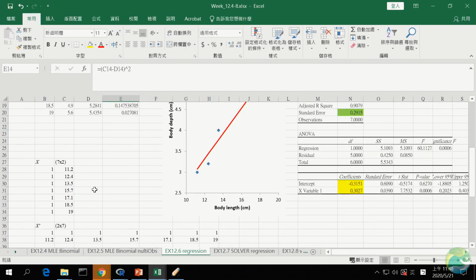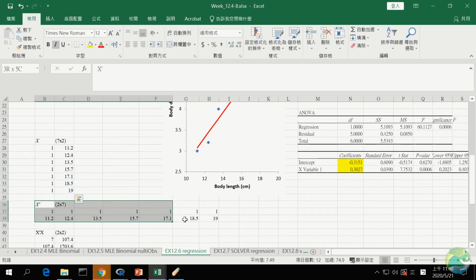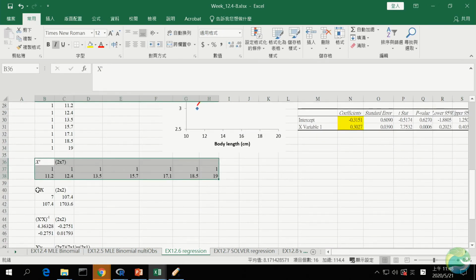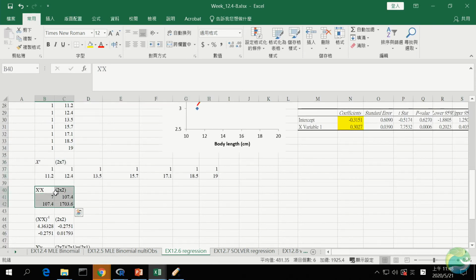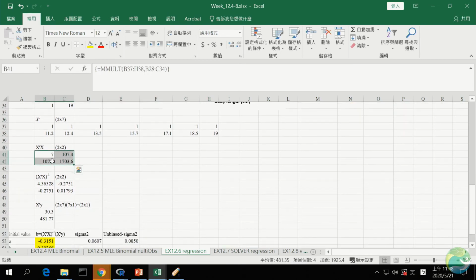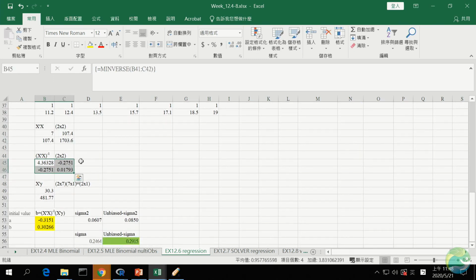We first make the x vector in the matrix form, and we do the transpose, and then we do X transpose multiply X, and come up with this 2 by 2 matrix. After this 2 by 2 matrix, we do the inverse. After the inverse, we come up with this value, X transpose multiplied by Y, right?